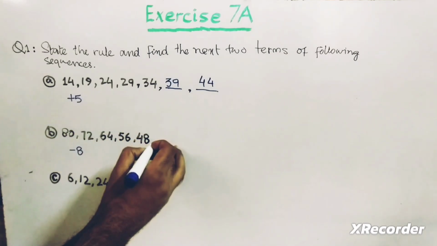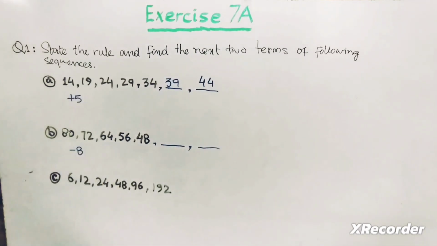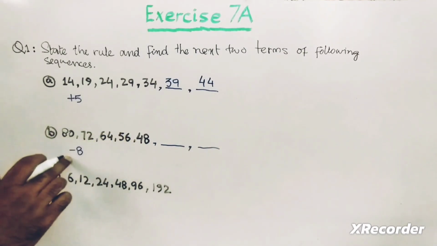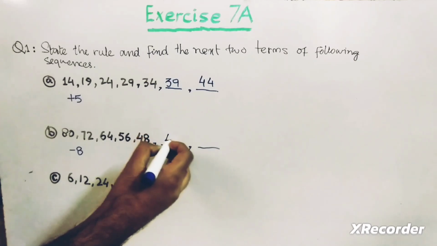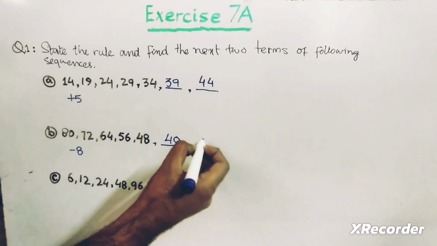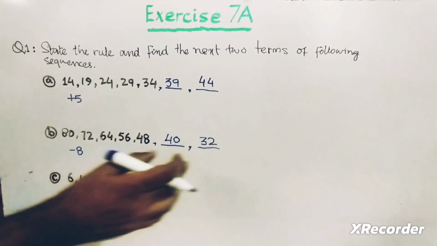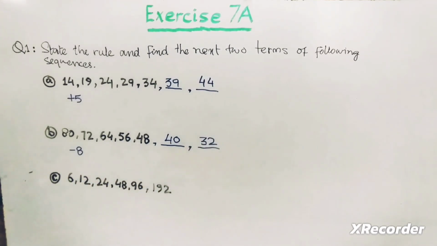So what are the next two terms? 48 less 8 is 40, and 40 less 8 is 32. So these two are the required last terms.